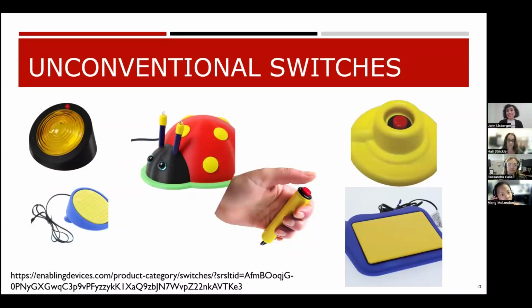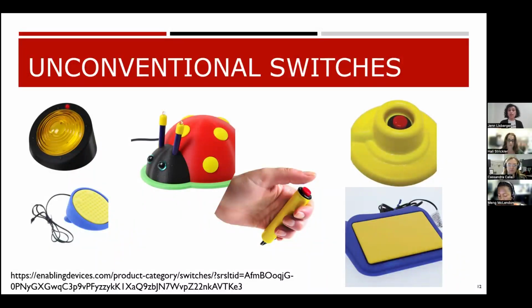We're just going to call these unconventional switches because it's kind of our miscellaneous. So this is to show that it can look a variety of ways and can be used for different types of accessibility. The one all the way in the top left corner lights up when you activate it.